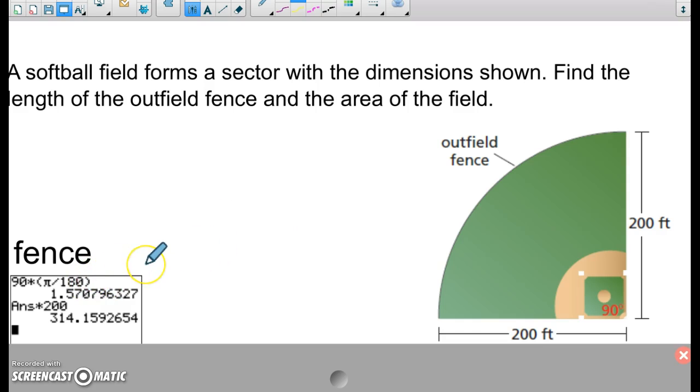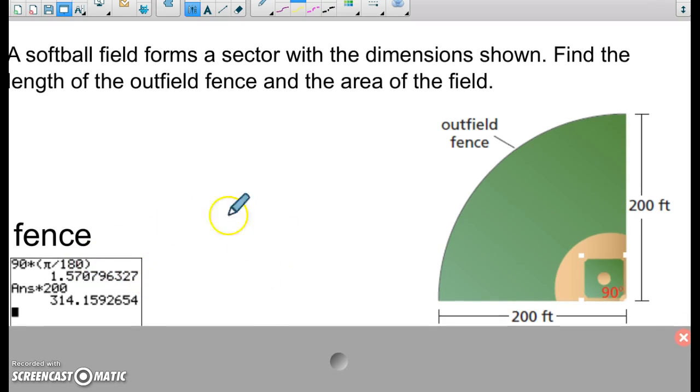If I take the formula I just gave you, that the length of the arc is theta times the radius, I can convert the 90 to radians by multiplying by pi over 180. Times 200, and so the fence is about 314 feet long.